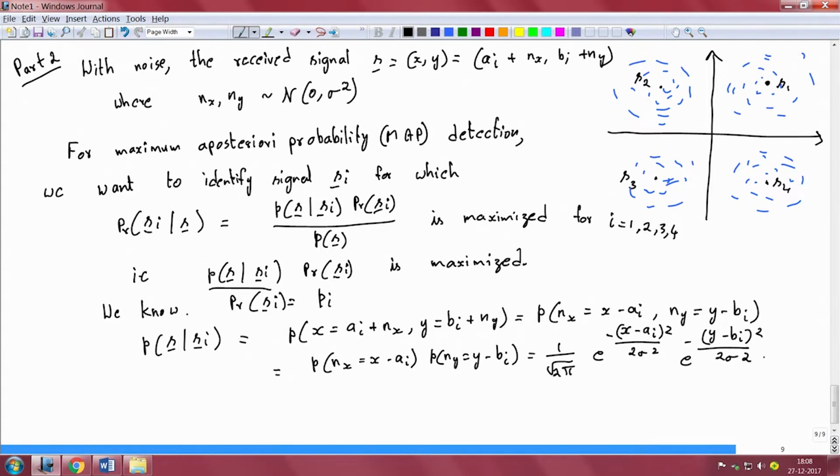So, this gives us the terms involved in computing these a posteriori probabilities and making the decisions.